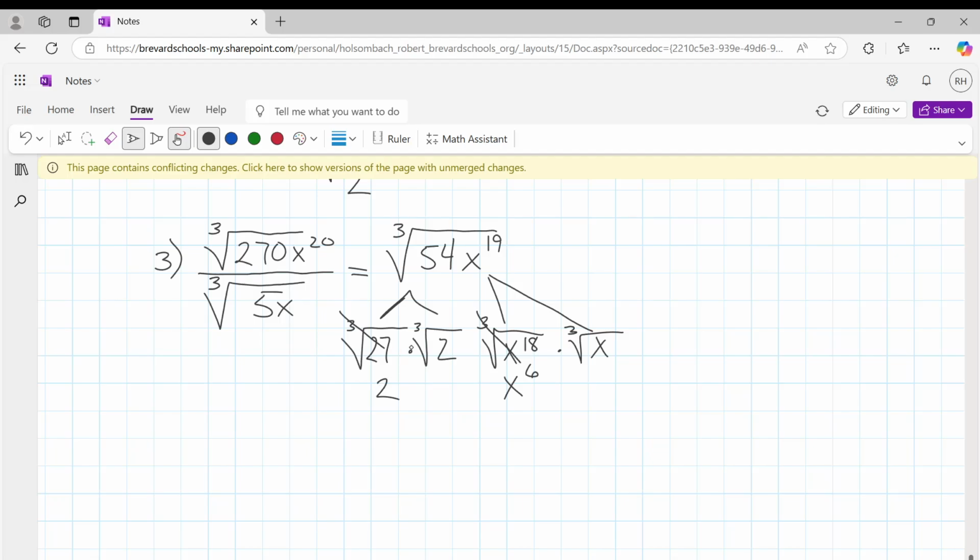So now we're going to put everything together that's not under the radical. So that's 2 times x to the 6th. And then we're going to put together everything that is under the radical. So that's the third root of 2 times x.